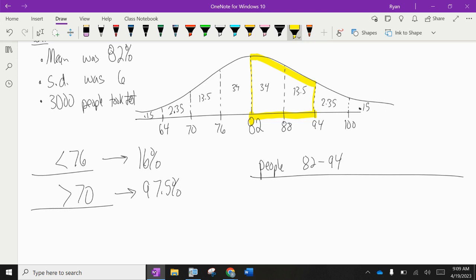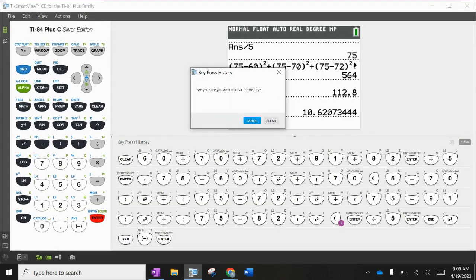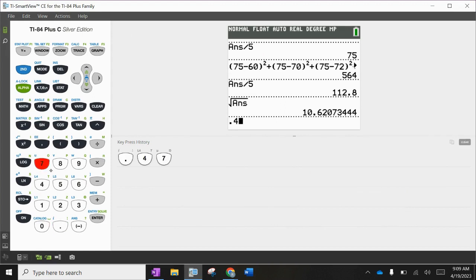I have these percentages. 34 plus 13.5 is 47.5%. But that's not what I'm looking for here. My question is, how many people scored this? If you said 47.5%, that's not answering the question. If there were this many people who took the test and I want 47.5% of them, can we figure out that number? 47.5% as a decimal is 0.475.